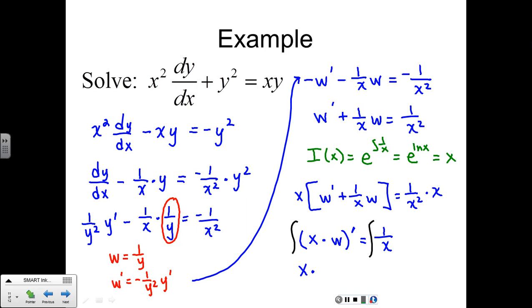We get x times w equal to, what's the integral of 1 over x? ln x plus c. Okay? I need some room to spread out here. Okay, now what?